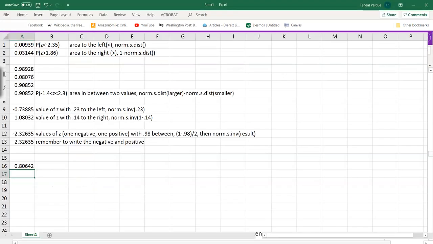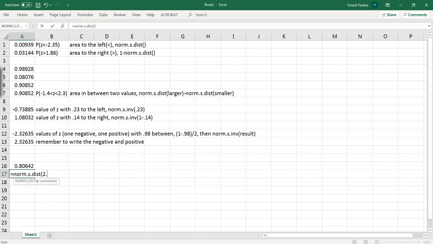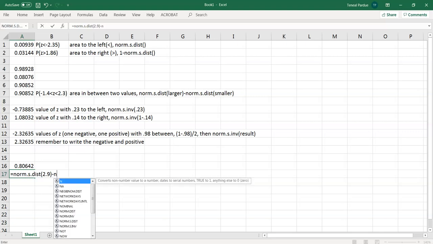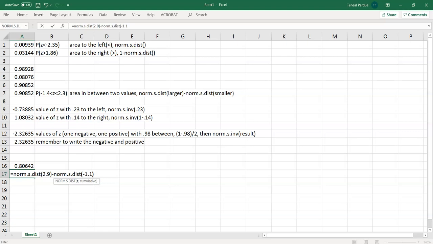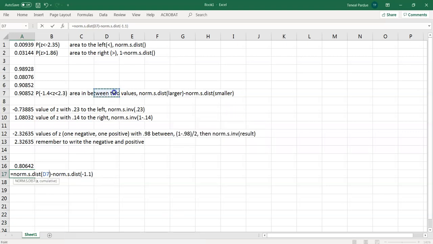So NORM.S.DIST of 2.9 minus NORM.S.DIST of negative 1.1. And of course I forgot my comma true. And we get 0.8624.